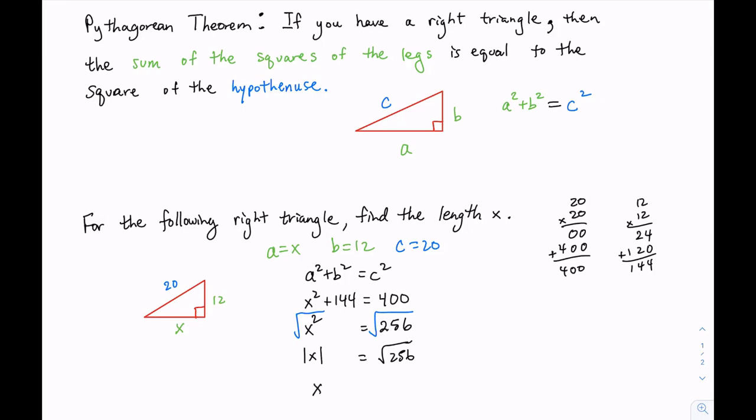Absolute value, that means x has to be what? Plus or minus the square root of 256. But we do know that x is greater than 0, so x can now equal the square root of 256.